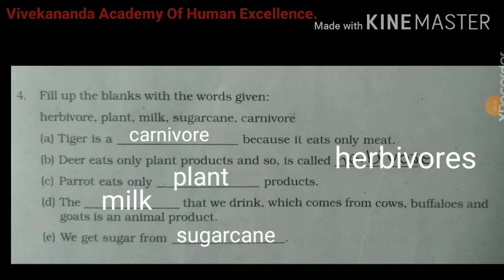The first fill in the blank: a tiger is a carnivore because it eats only meat. If any animal eats only meat, that animal is a carnivore. Second, deer eat only plant products and so are called, if any animal eats only plant products, it is called herbivores.